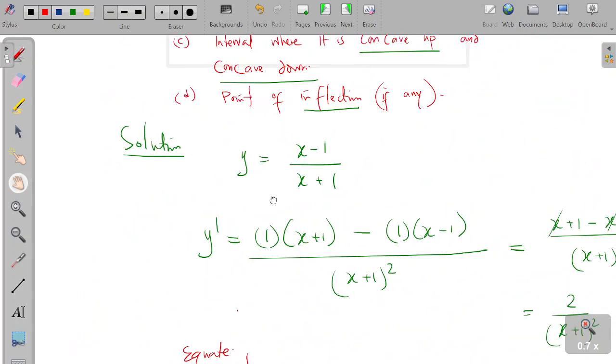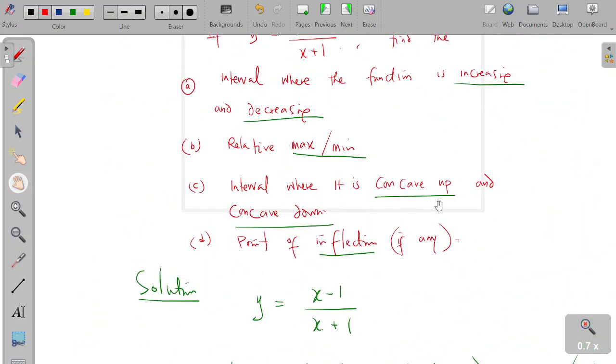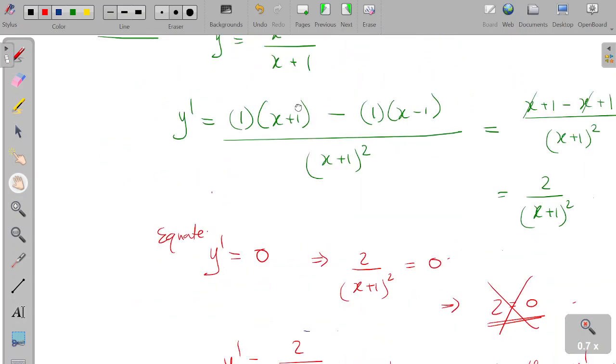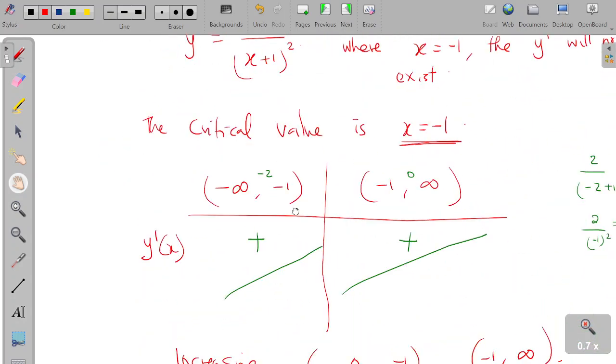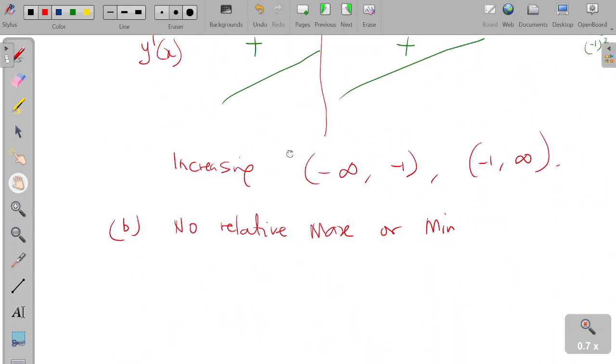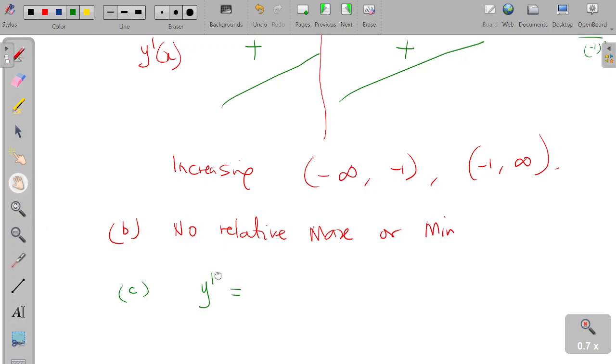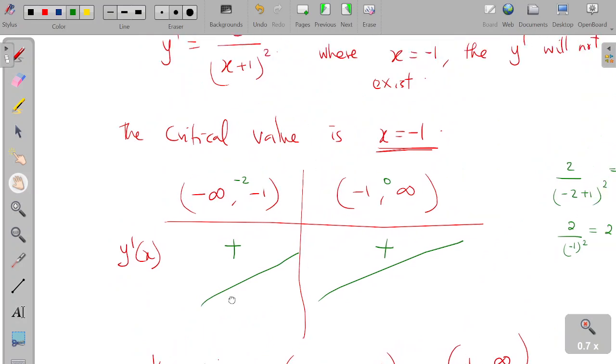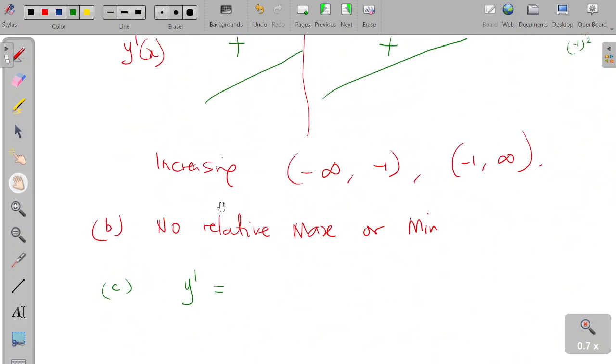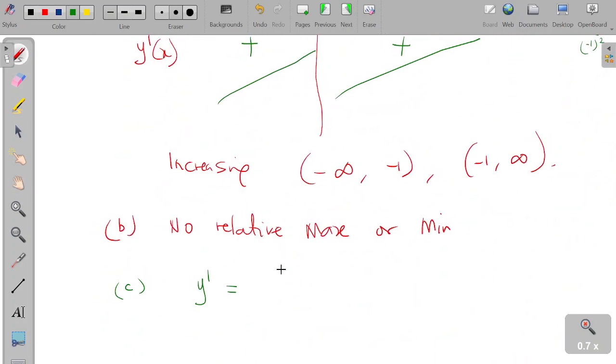Then we need to find the intervals where it is concave up and concave down. So we need to find the second derivative. We have our derivative to be 2 over (x plus 1) squared.